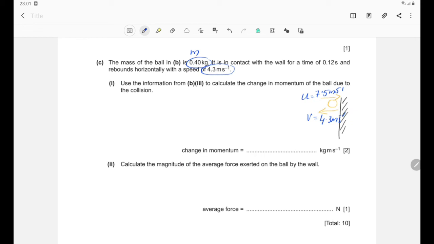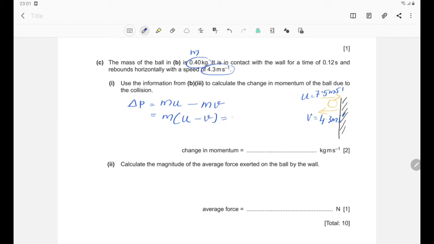You need to find the change in momentum. As you know, change in momentum is the difference between the initial momentum, that is mass times initial velocity, and the momentum of the ball after rebounding, which is mass times final velocity. We have everything. So I am taking m outside, so you will get m times (u minus v).